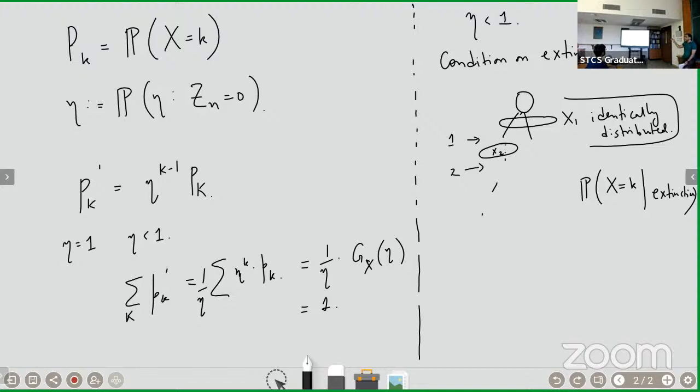The process on its own need not go extinct. It's just that you're conditioning on that, so that's why you have to study it. I claim that p_k prime is the new distribution.